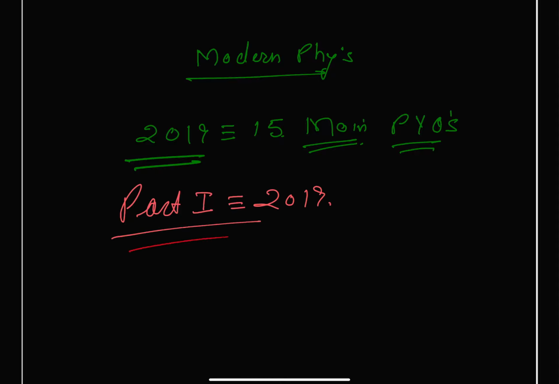So remaining questions of year 2019 we will try to cover in part 2 and part 3. If required, we are also going to do part 4 also, and that will be covering mains as well as advanced. So this completes part 1 of 15 questions from the year 2019.